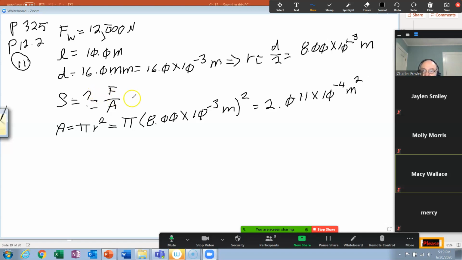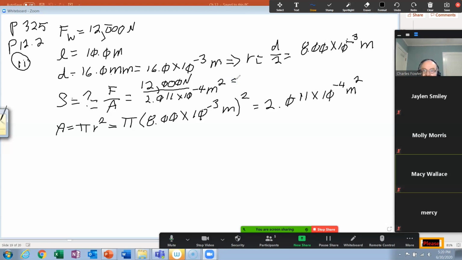Now I'm ready to enter the stress formula. That's what we're looking for, and we're finally here. So it's 12,000 newtons, some zeros slashed and some don't. 12,000 newtons divided by 2.011 times 10 to the minus 4 meters squared.